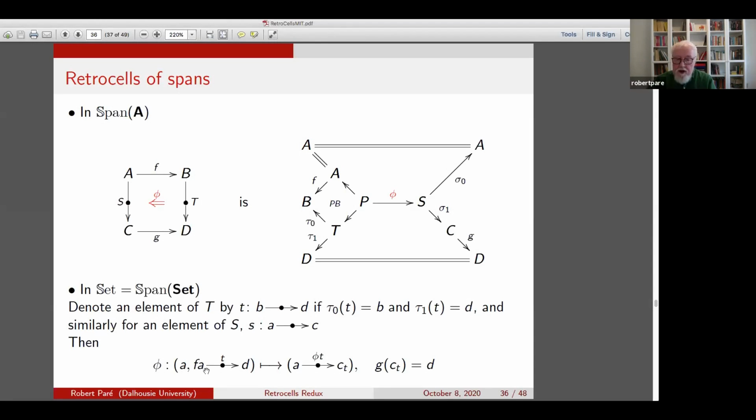You have an A and then you have an F of A going into a D. And what it does is it gives you something over here, which is an S element, phi of T. And the top condition here says that the domain of this phi of T is A, and the codomain, I don't exactly know what it is, but I know that G of it is D. Okay, so this looks exactly like cofunctors, except that I don't have categories there. I have spans only. Okay, so let's put the categories in.